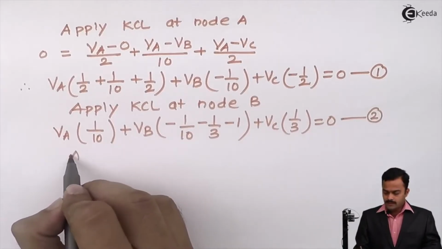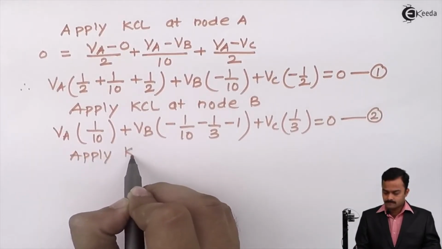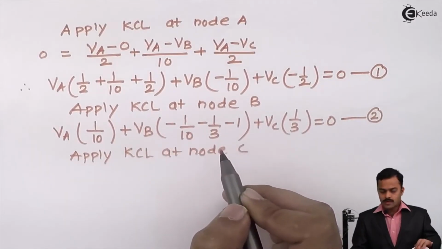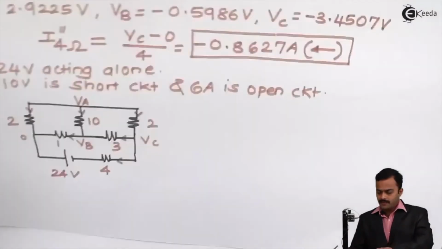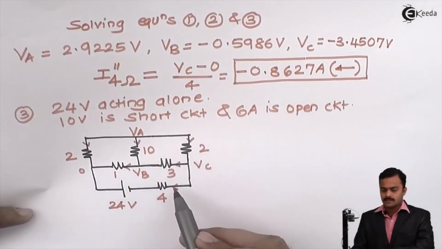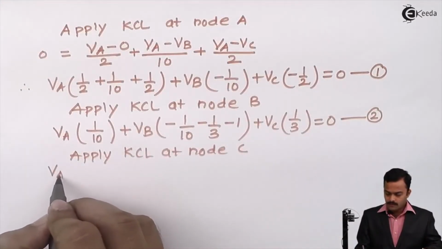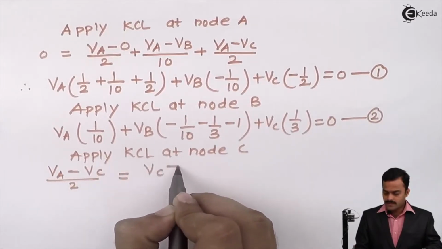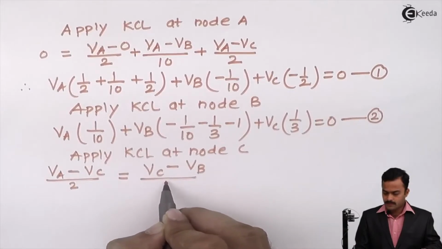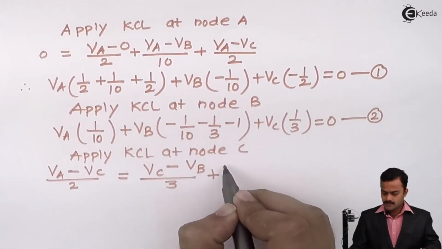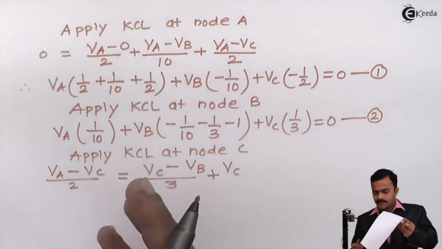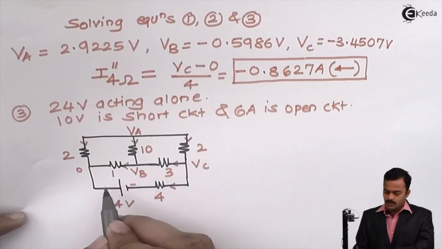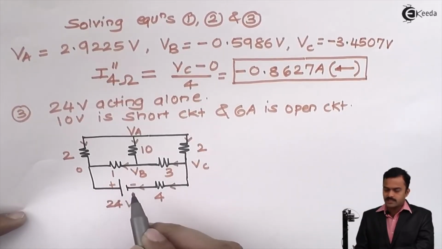Now finally let's apply KCL at node C. So at node C, I am having one incoming current, two outgoing currents. So the equation will be VA minus VC divided by 2 equal to VC minus VB divided by 3 plus VC. I am writing equation for this branch started at C ending on 0, and in the current direction I am having a voltage rise of 24 volts.